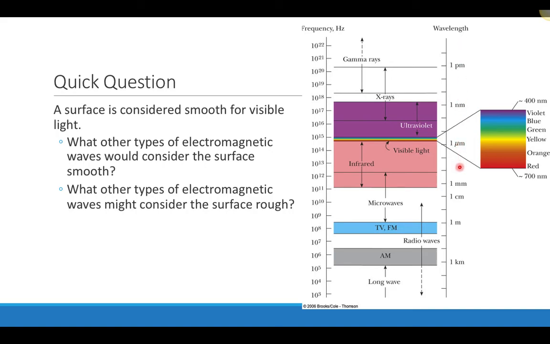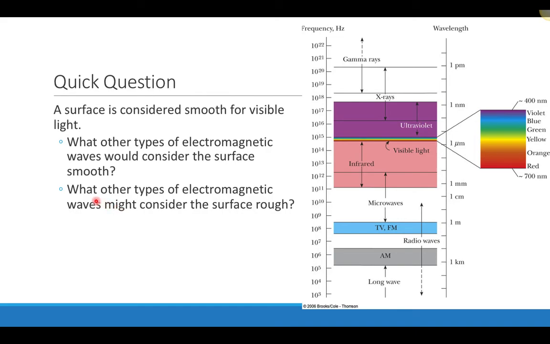In terms of our picture, if I go down my picture, that's larger wavelength. So what other types of electromagnetic waves would see this surface as being smooth? Anything below: infrared, microwaves, radio waves, TV waves, all of these would also consider that surface smooth.